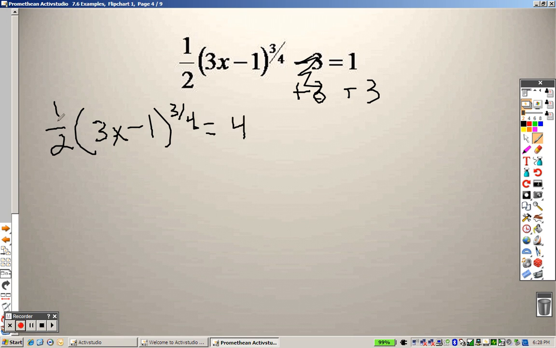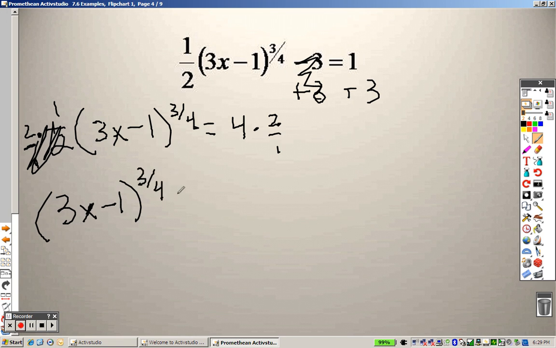Getting rid of a fraction is the same as multiplying by the reciprocal on both sides. If I multiply by 2/1 on both sides, those are gone. So now I have (3x minus 1) to the 3/4 equals 4 times 2, which is 8.